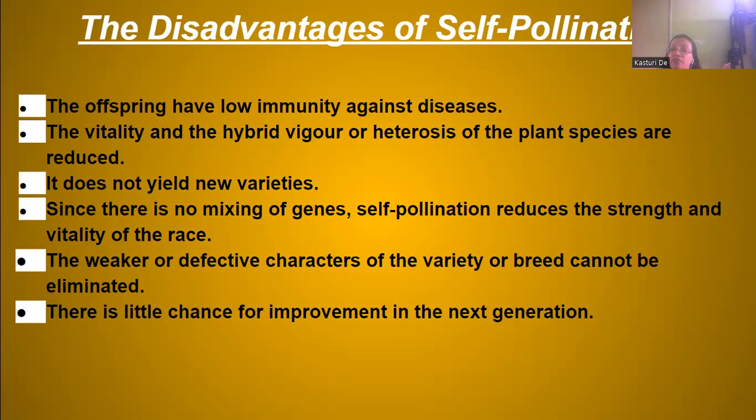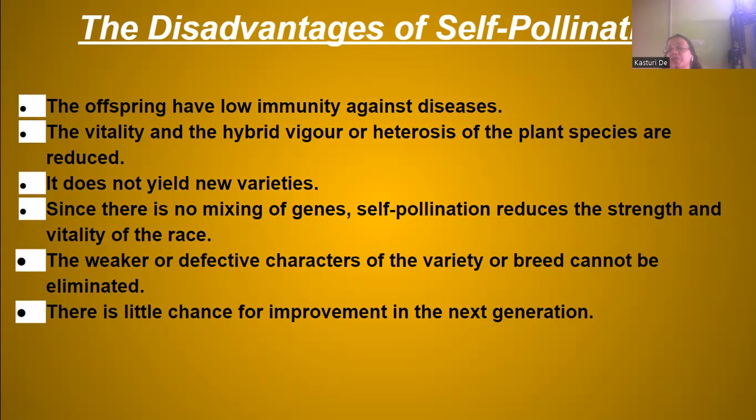So the vitality or hybrid vigor is being lost. Then it does not yield new varieties, as there is no cross-pollination, so different genes will not be added and there will be no new varieties. No mixing of genes, therefore self-pollination reduces the strength and the vitality of the race.